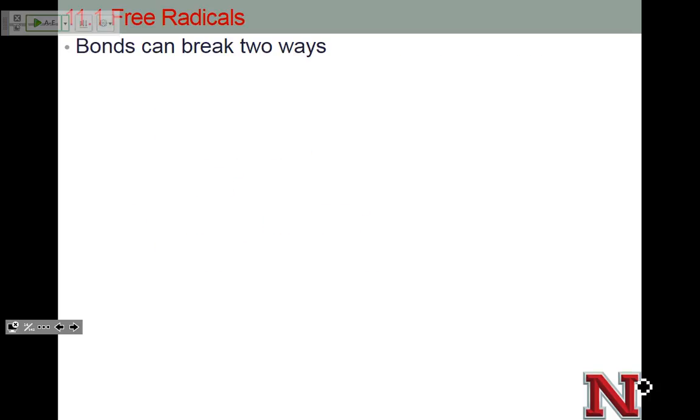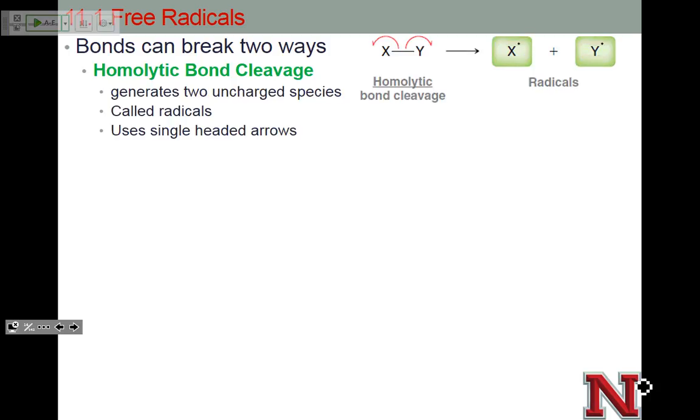So first off, a little review. Remember, bonds can break in two ways. We can have homolytic bond cleavage. First off, how many electrons are in a single bond? 2. Every covalent bond has 2 electrons.